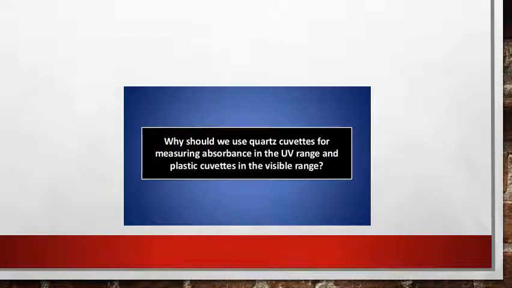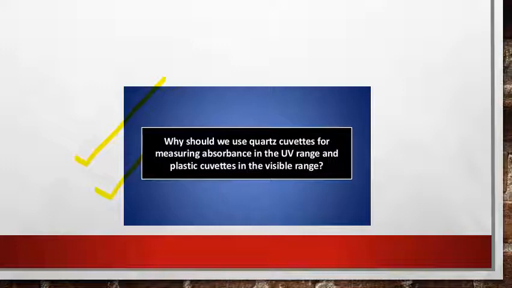Why should we use a quartz cuvette for measuring the absorbance in the UV range and plastic or glass cuvettes in the visible range? That question always comes up in the mind: why is there a selection of the material for the sample holder when we are using different kinds of spectroscopy?